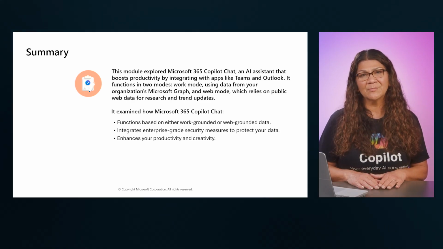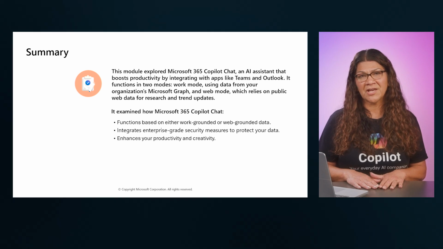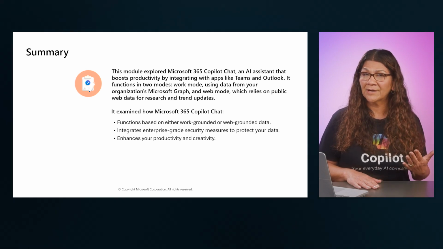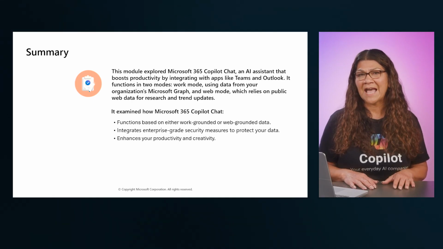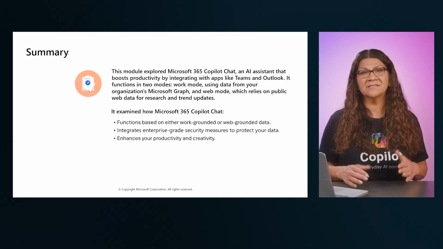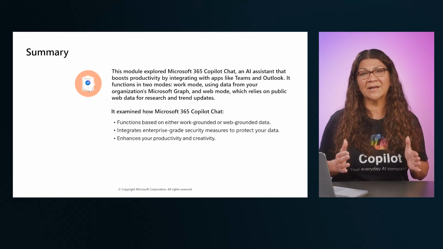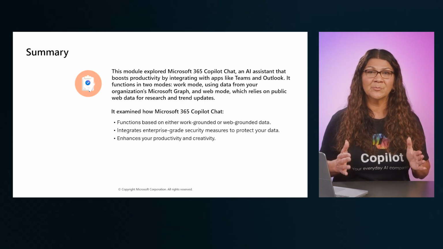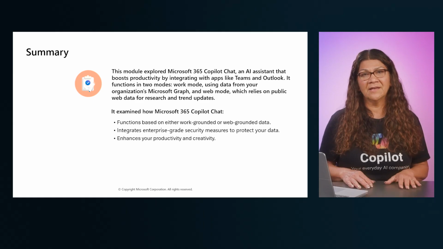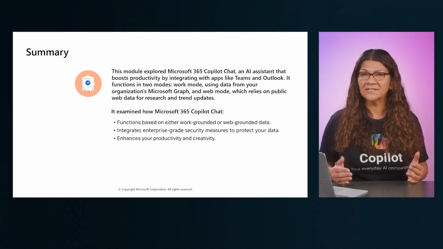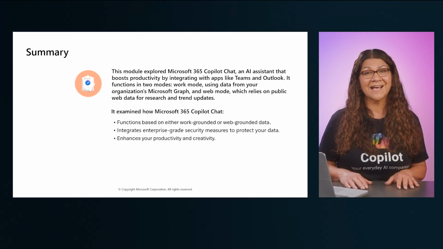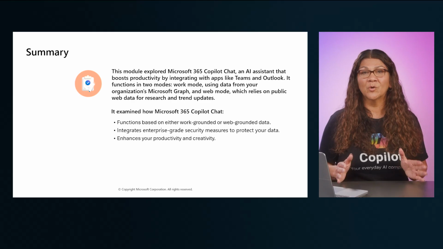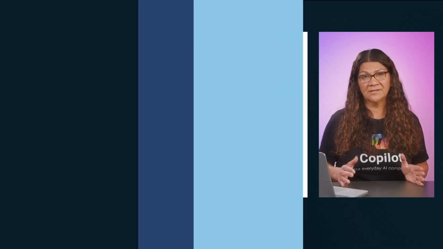We also learned that Microsoft 365 Copilot Chat adapts to either work-grounded or web-grounded data to give you the right information at the right time. It uses built-in enterprise-grade security to keep your data protected and compliant. It also enhances your productivity and creativity by helping you summarize, analyze, ideate, and get more done with less effort.